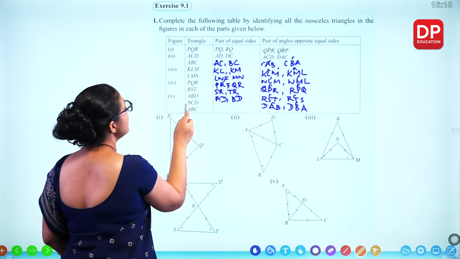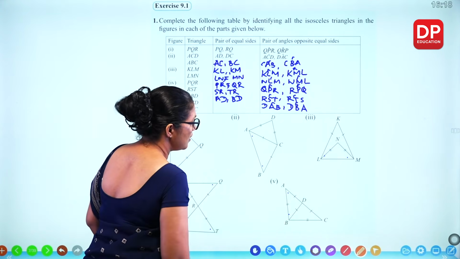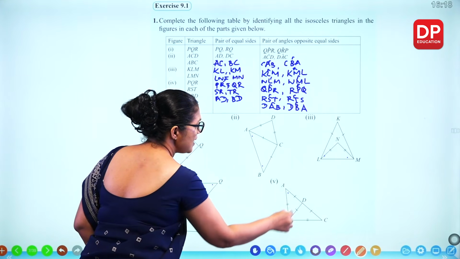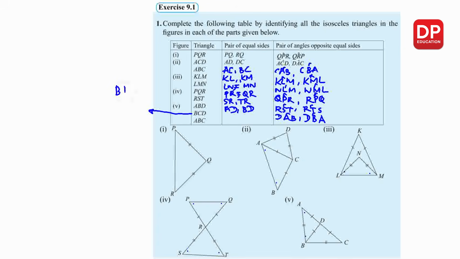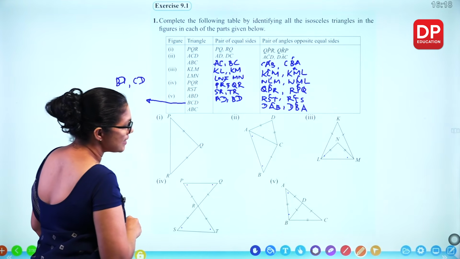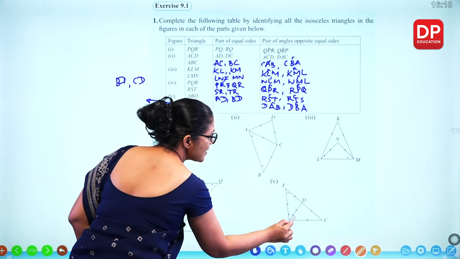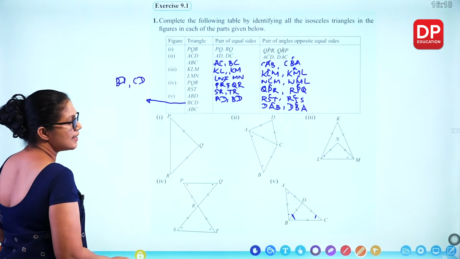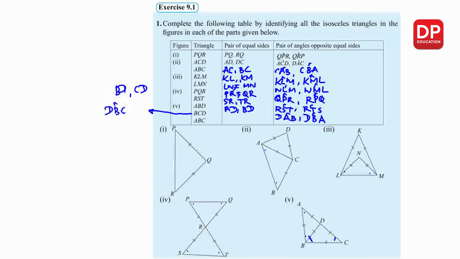Now we'll take this triangle, BCD. That's this one. So BCD, what are the two equal sides? BD and CD. What are the equal angles in BCD? This one. So if these two are equal, we can say this and this angle. So here DBC and DCB.